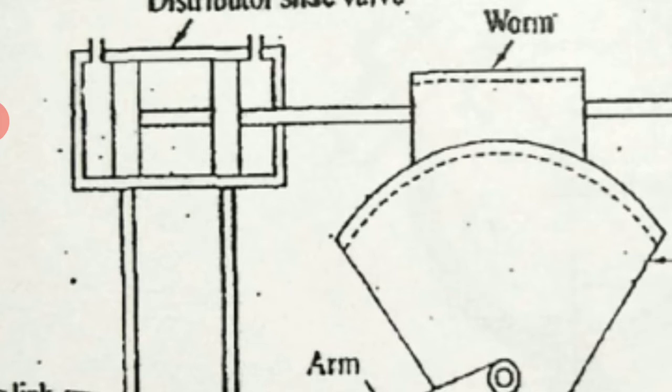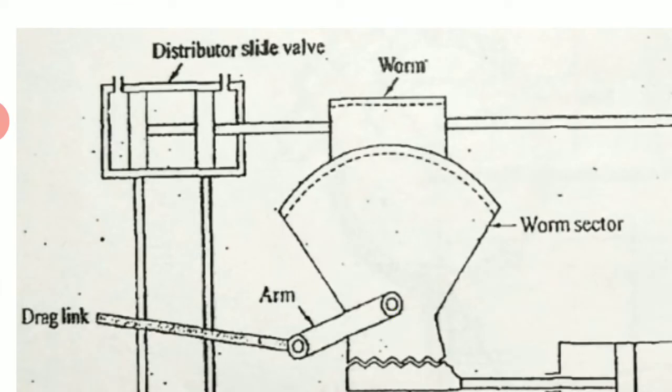This movement of the side valve will stop the piston travel in the booster cylinder. Here the system uses power assistance in proportion to the effort needed to turn the wheels.